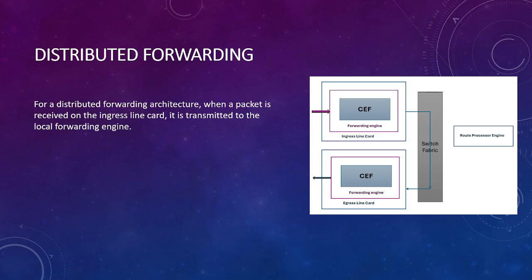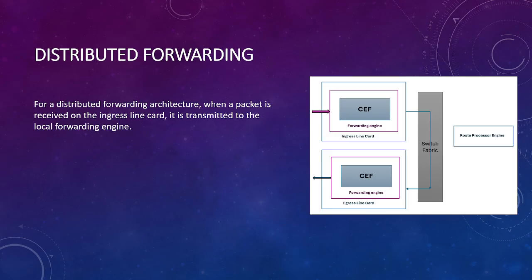For a distributed forwarding engine architecture, when a packet is received on the ingress line card, it is transmitted to the local forwarding engine. Here you can see the route processing engine is separate, and we have an ingress line card and an egress line card.